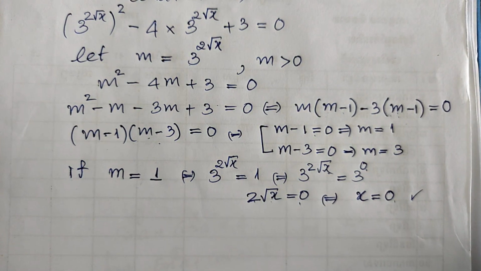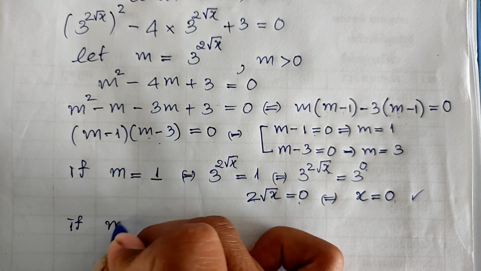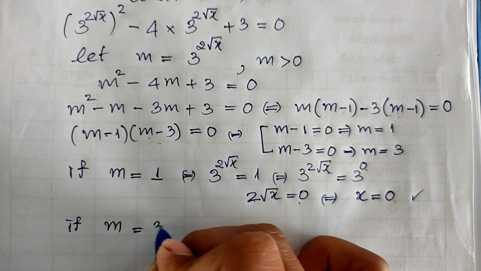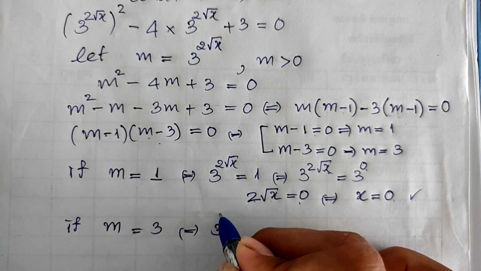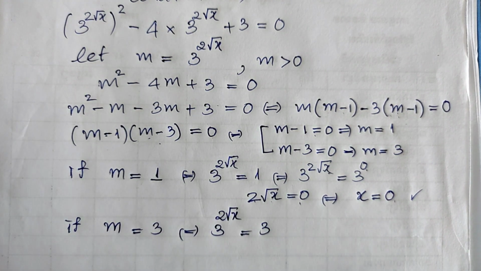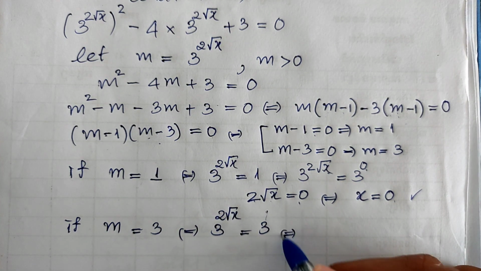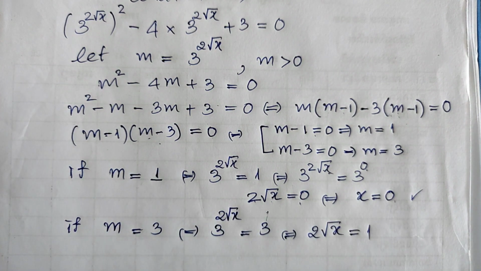That is one solution. And now if m is equal to 3, so I get 3 power 2 square root h equals 3 power 1. So we get 2 square root h is equal to 1.